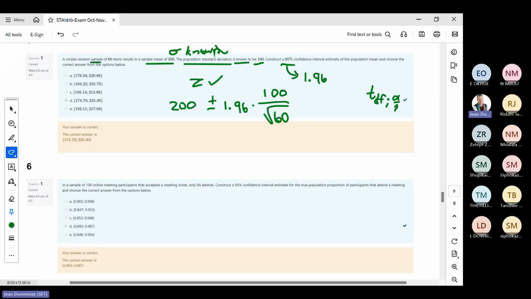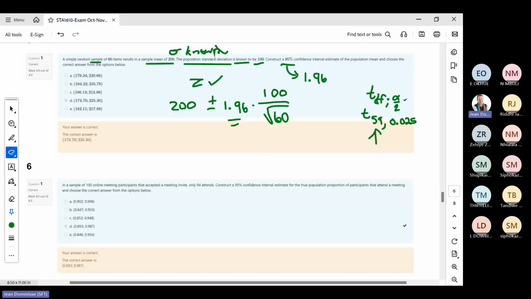So we would have needed to go to the T table where degrees of freedom is n minus 1. It would have been 59, and alpha would have been 0,05 divided by 2, so that would have been 0,025. And then whatever that t is, we would have just substituted it into the 1,96.